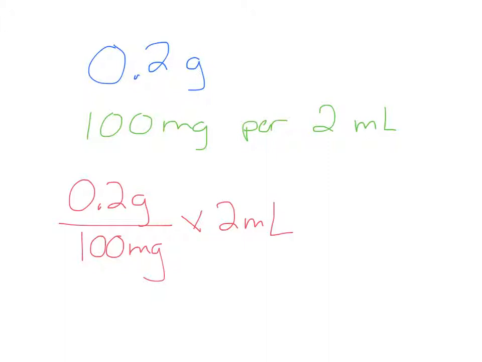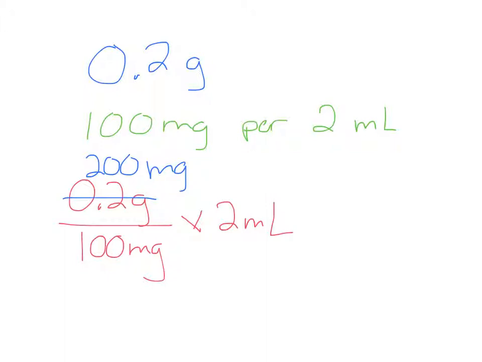Just as we did on the last one, making sure both are in milligrams. The top one is not in milligrams, so I need to convert my grams to milligrams. Either way we do it, it's either down a step on the stair-step method or right 3 places on our metric chart method, which would change 0.2 grams to 200 milligrams.